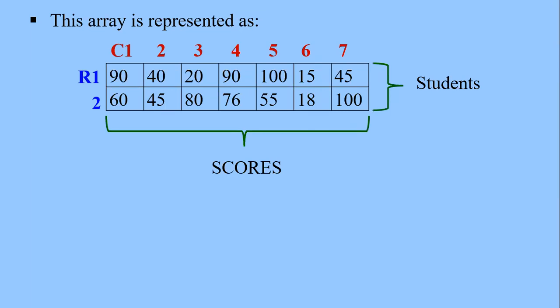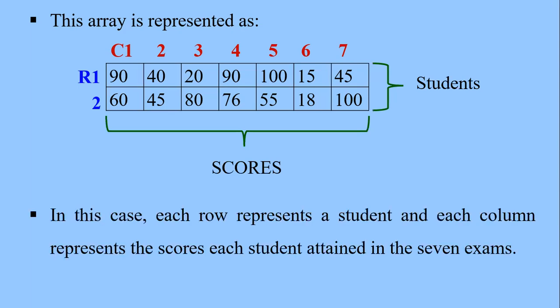And therefore, row 1 is for the first student and row 2 is for the second student. In this case, each row represents a student and each column represents the scores that each student attained in the 7 exams. And therefore, it indicates 2 rows and 7 columns.